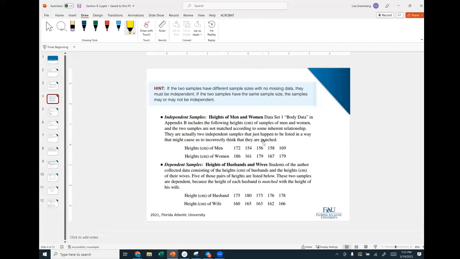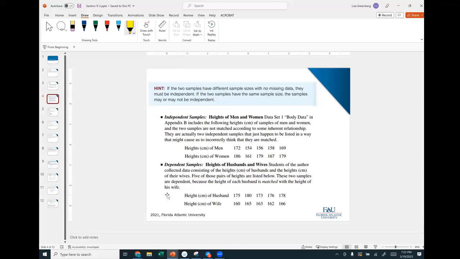They're not matched. As opposed to a dependent sample, heights of husbands and wives. Students of the author collected data consisting of the heights in centimeters of husbands and the heights in centimeters of their wives. 5 of those pairs of heights are listed below. These two samples are dependent because the height of each husband is matched with the height of his wife.